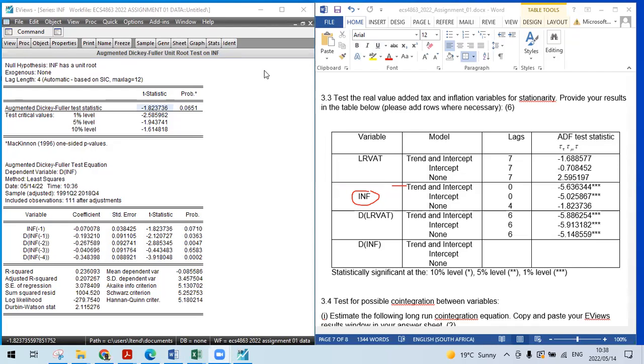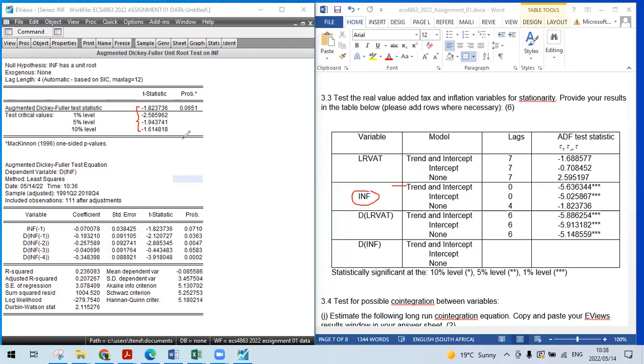It's 1 actually. Let's start with this. Can you see that here all these 4 are negative?